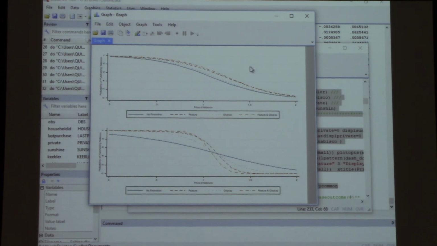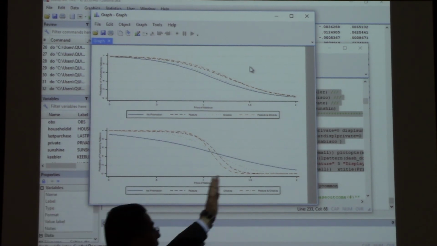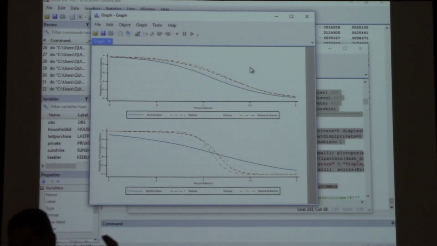Remember the whole point of the promotion paper, a brilliant paper, was that consumers have reference prices. They know when things are a good deal and when things aren't a good deal, right? So when we promote and we have a price higher than average, we're really advertising that this is not a good deal.